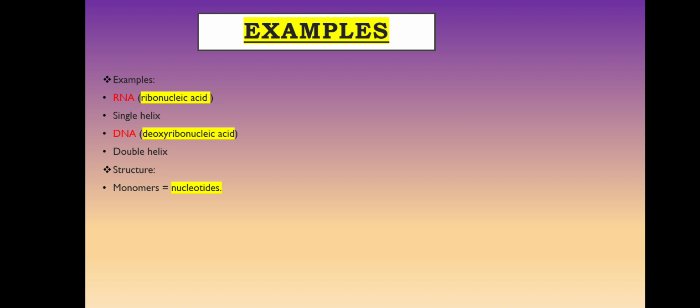In RNA, the fourth base is different from that of DNA. It also consists of a single strand with sometimes a fold back. There are three types of RNA. First is messenger RNA, called mRNA, ribosomal RNA, that is rRNA, and transfer RNA, that is tRNA.